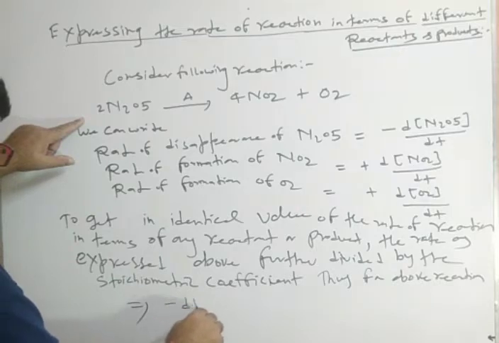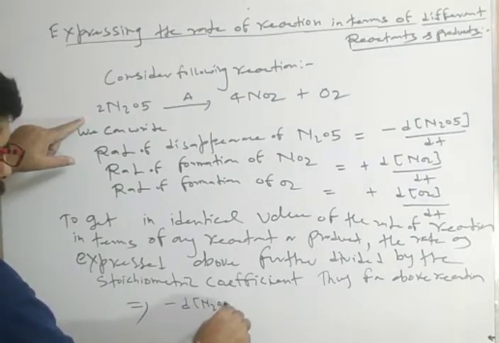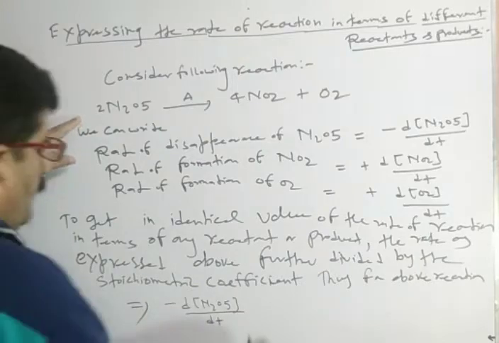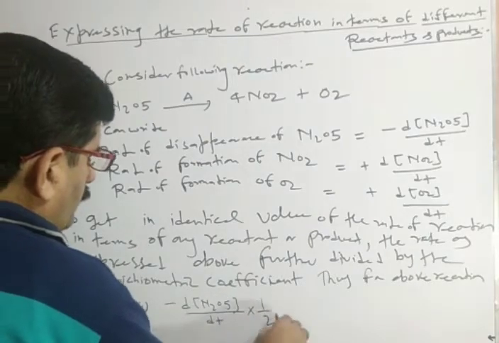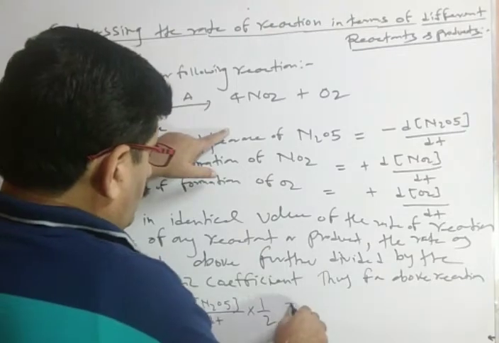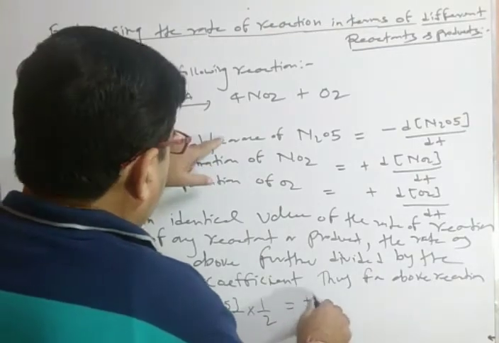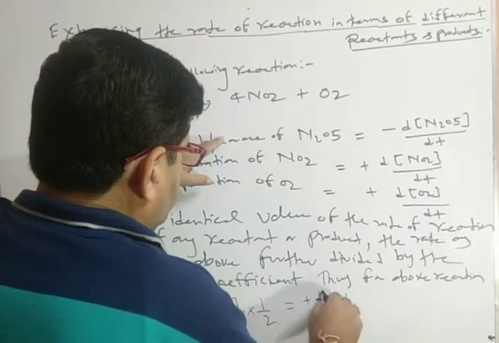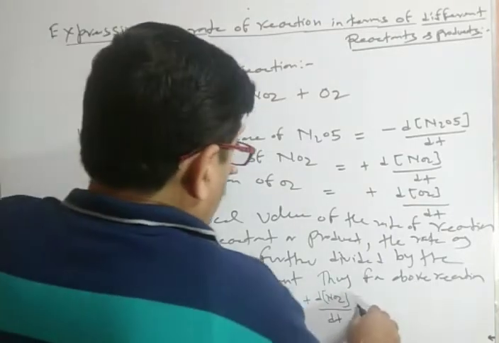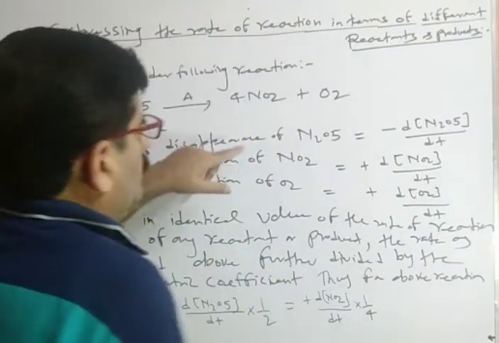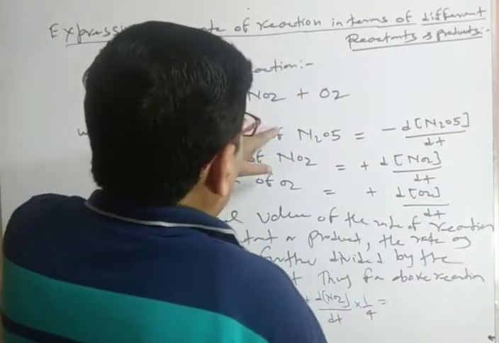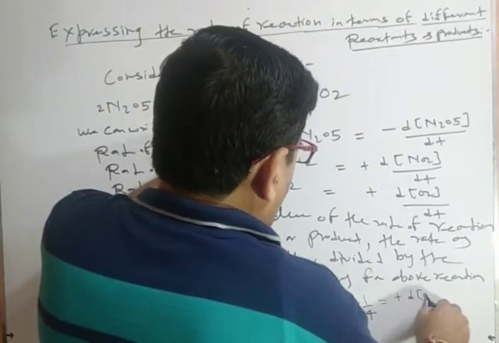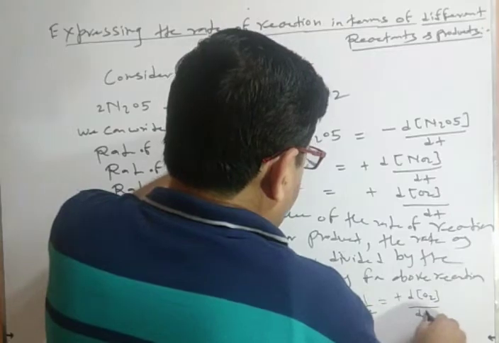Minus d N2O5 divided by dt into 1 by 2 is equal to plus d NO2 by dt into 1 by 4 is equal to plus d O2 by dt.